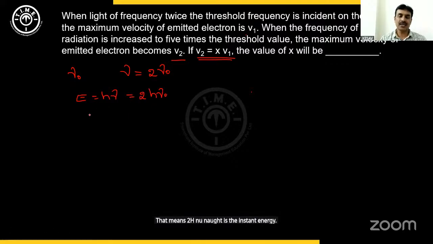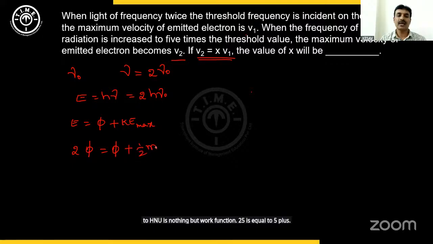How do you write the photoelectric equation? E is equal to phi plus Ke max, right? Using that, your first equation is 2h nu naught, where h nu naught is nothing but work function. 2 phi is equal to phi plus half m v1 square. So clearly from this, half m v1 square is equal to phi. Take it as first equation.